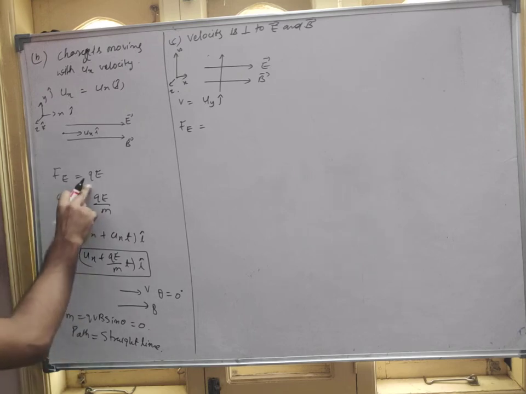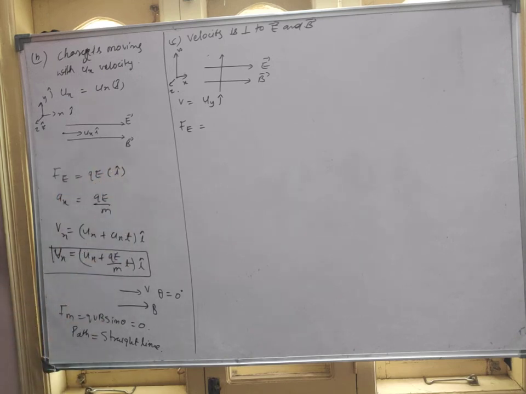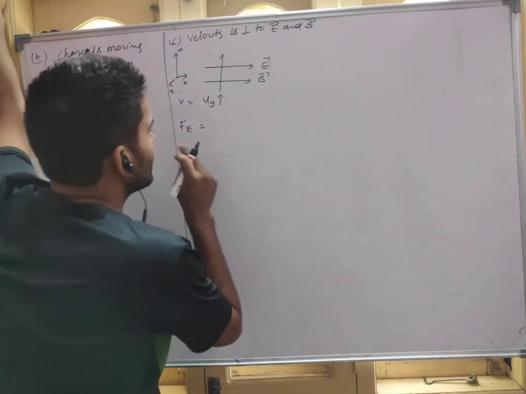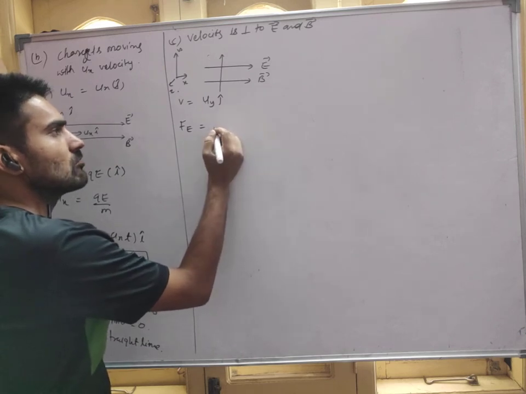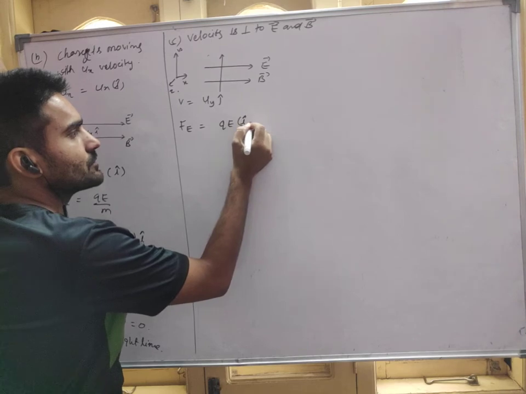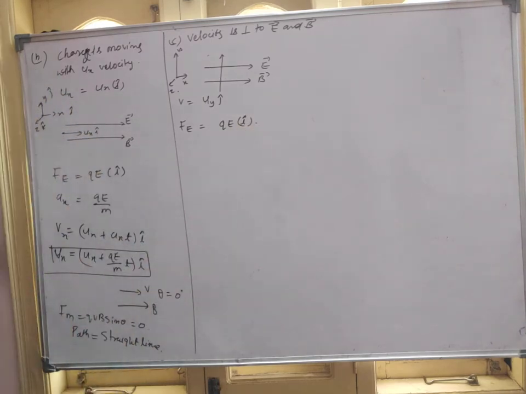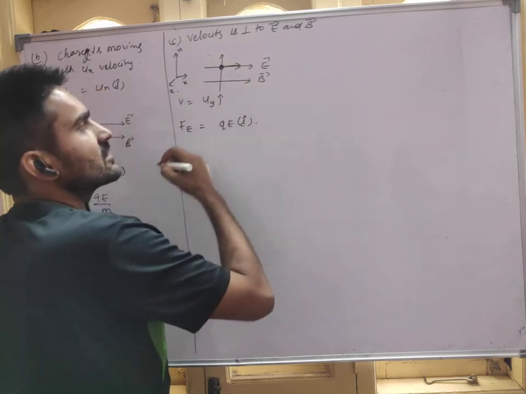See, this force was in which direction? I think it was in the I direction. Yes or no? The force was in this direction. So tell me here, the electric force will be in which direction? I think it is QE I cap. Right? See, when the particle is here, it will experience a force in this direction.